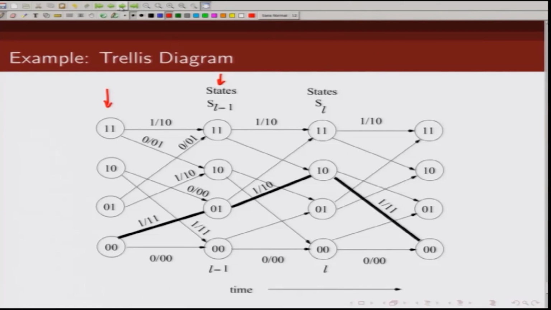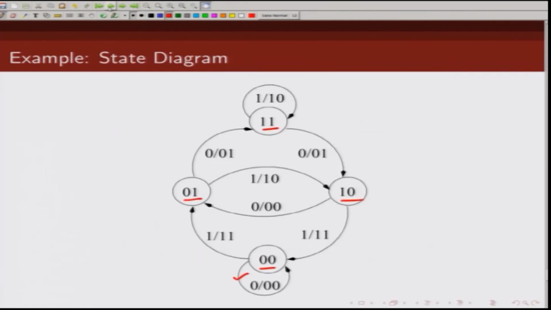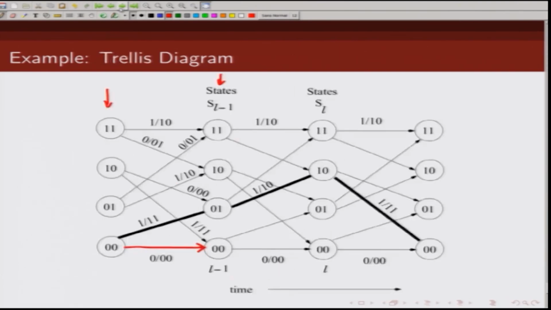This is shown by this transition. Now, next if you get a 1, you move to state 0 1, output is 1 1.